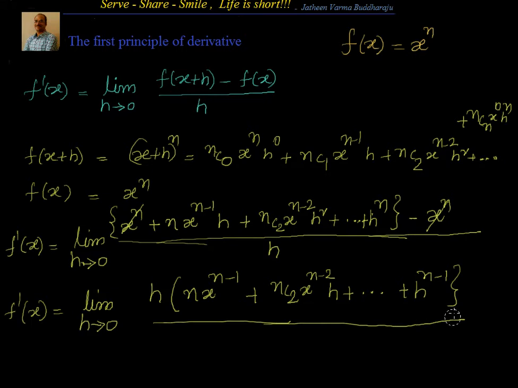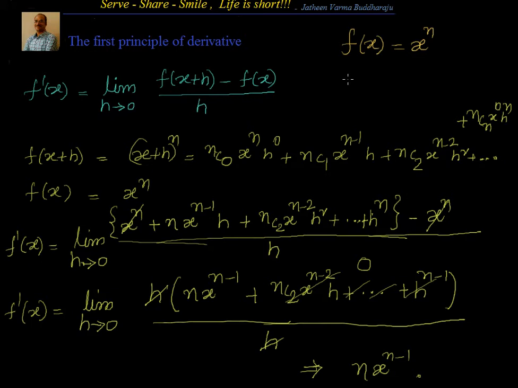This is a curve bracket divided by h. H will cancel. If you substitute h equal to 0, all these terms whatever you have will become 0. So your answer will be nothing but equal to n into x to the power of n minus 1.